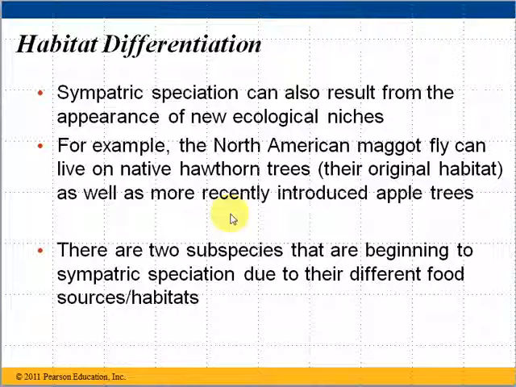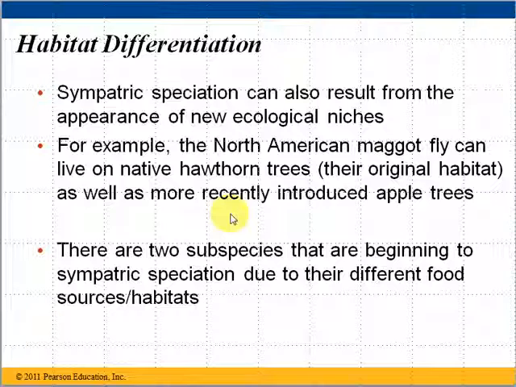At the moment, these 2 groups of flies can still interbreed, but they are beginning to show genetic differences and biological differences that eventually, given enough time, will keep them from breeding. And at the moment, they really don't interbreed much at all already, simply because of habitat differentiation. One of them tends to live on the apple trees, one of them tends to live on the hawthorn trees. They have a different food source, different habitats, and that begins to keep them apart.